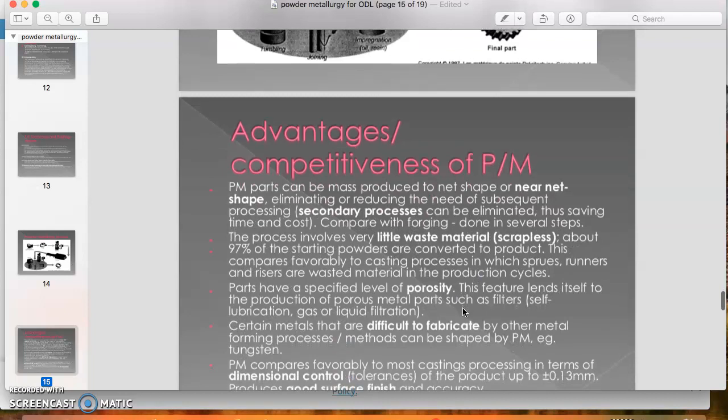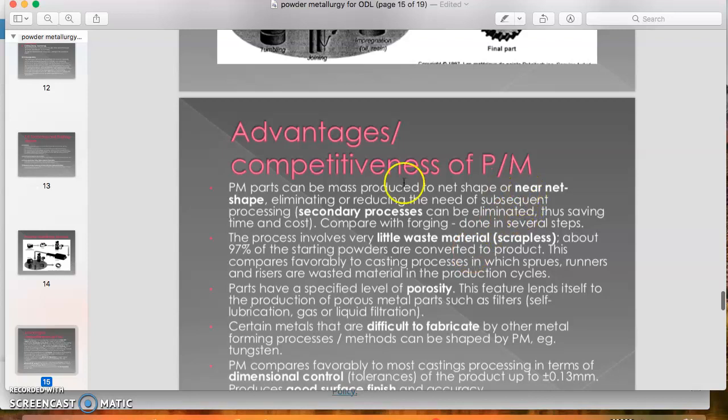The advantages of powder metallurgy: we can produce a near net shape, eliminating and reducing the secondary processes. If we compare to the forging process, this process is much simpler, because there are not many steps in the pressing process.